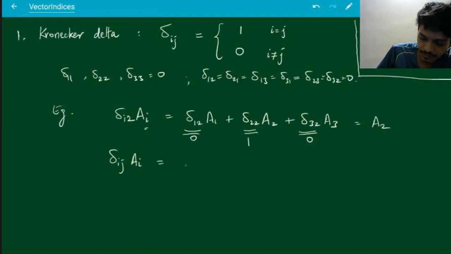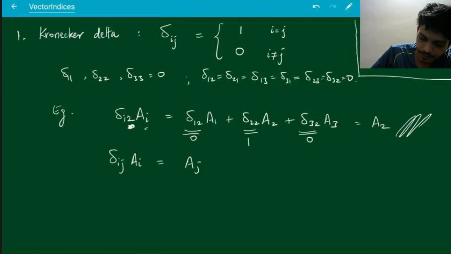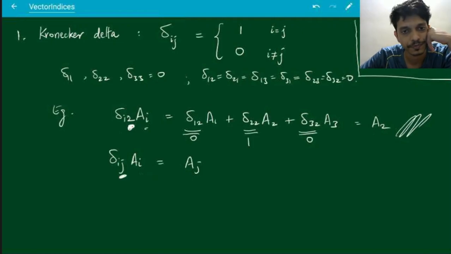So this is just aj. That's exactly what's happened over here, when it pulled out that component of a which was equal to this index. Similarly, over here it has pulled out that component of a which is equal to this index aj. So this is the Kronecker delta.